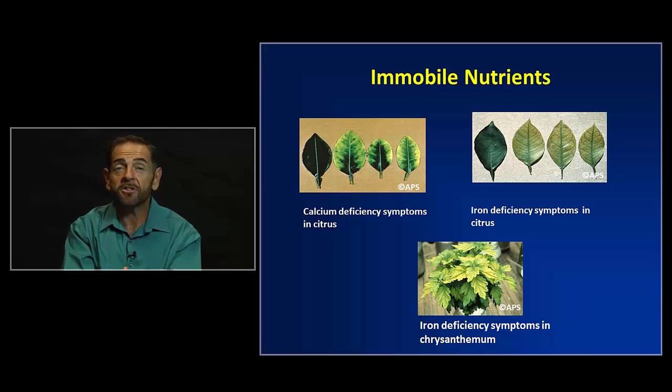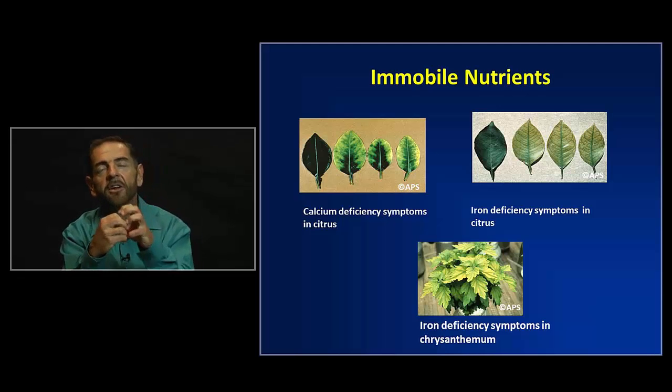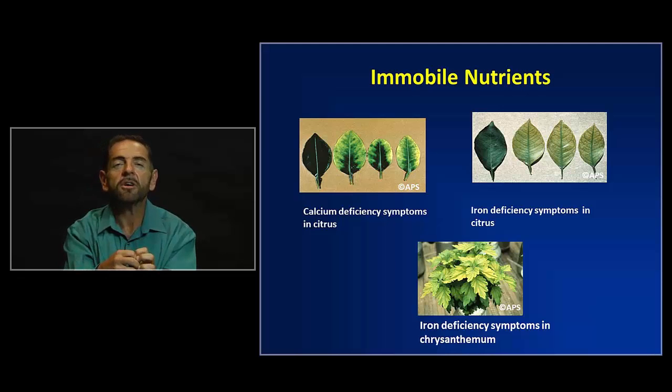And so iron deficiency symptoms show up not because there's not iron in the soil, but because the pH keeps this iron precipitated out of solution. A way to work around this in the industry, especially in the container industry, is to use chelates. And chelates are like a hook and claw thing. They hook the iron to the molecule and keep it in solution so that it doesn't precipitate out.